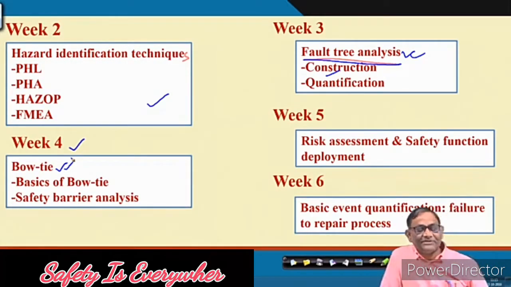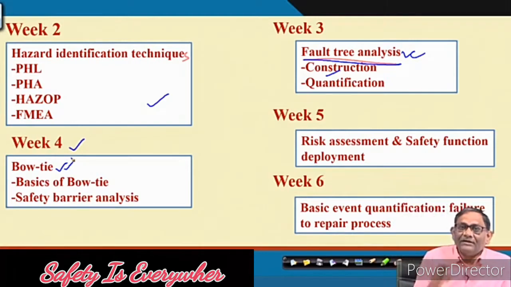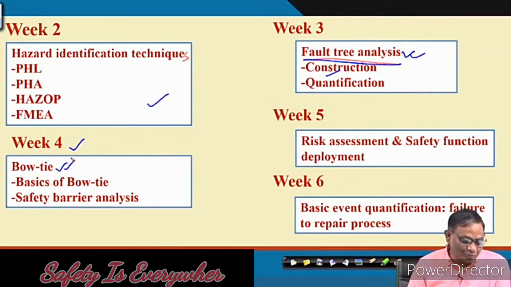Bow tie is, I can say, one of the best things that happened in safety engineering, because fault tree and event tree are two very important techniques, and they are combined together.